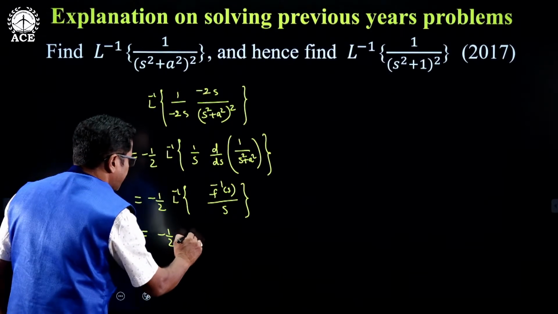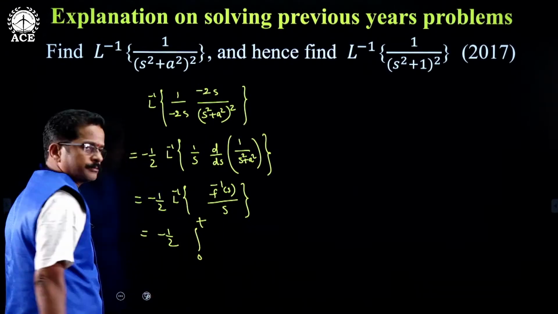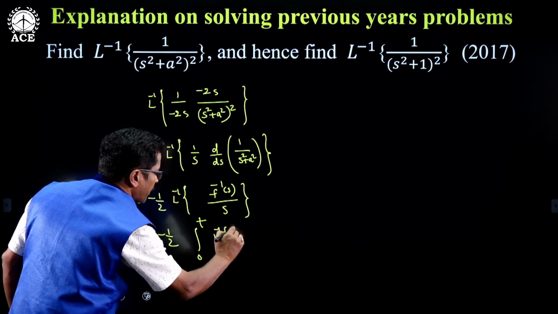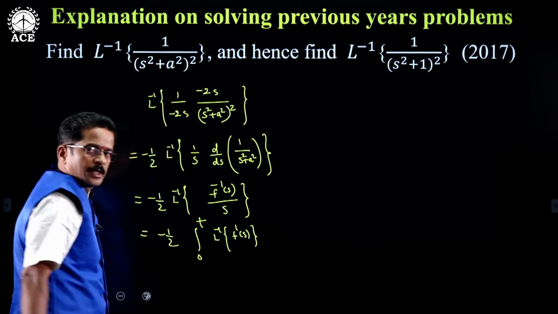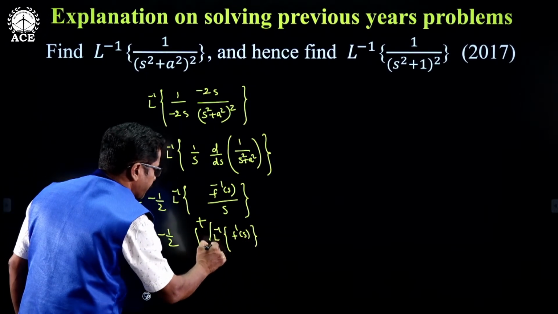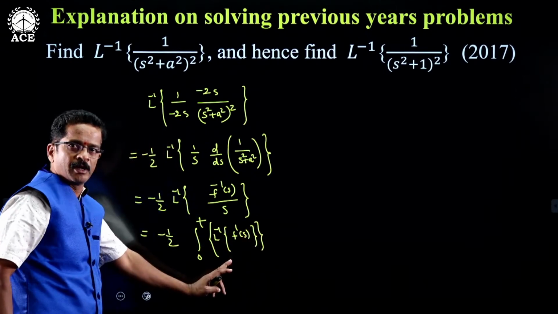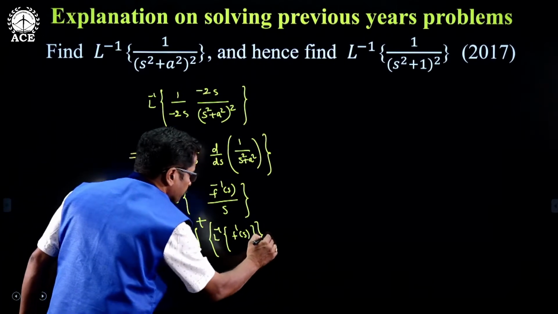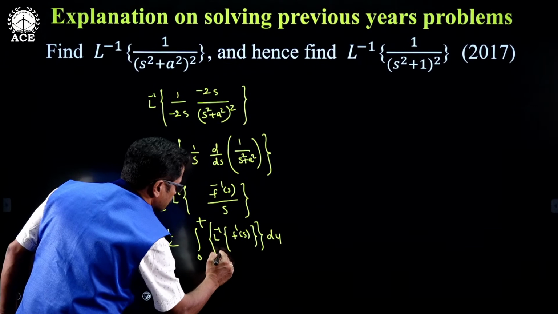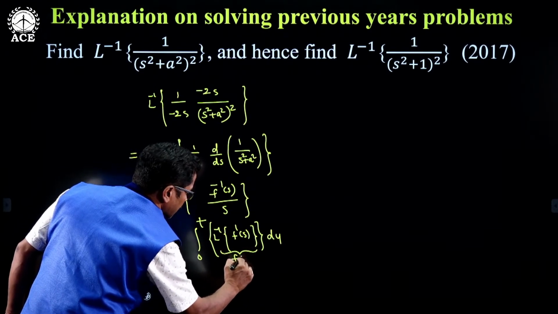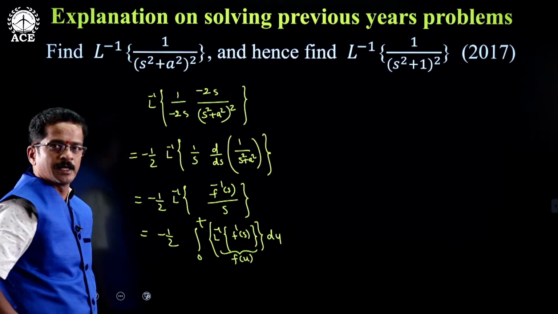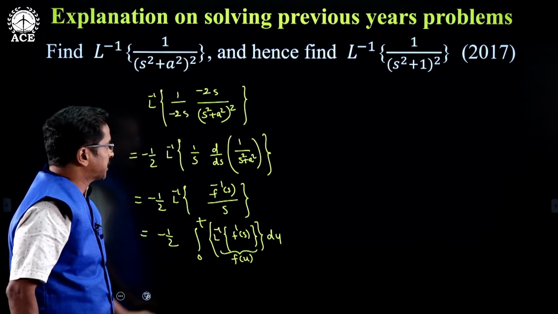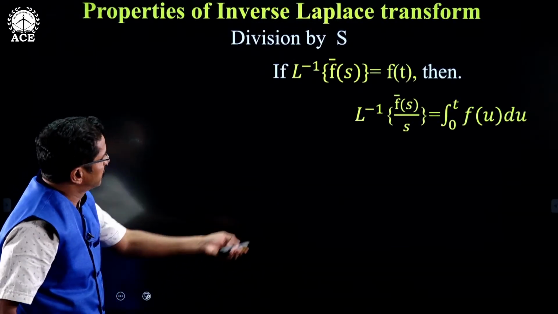So here integration 0 to t, L inverse of f bar of s, this we write in terms of u, in the place of t I will just take u for the purpose of evaluating integration into du. So this total I am taking as f of u. Actually minus t into f of t you will get, that I am taking as f of u as per the given formula.